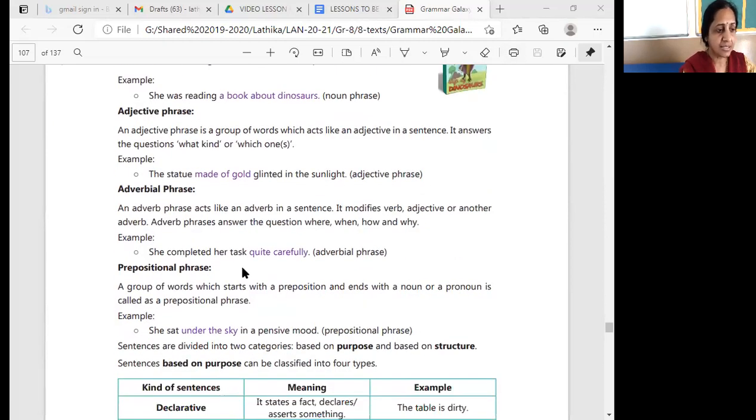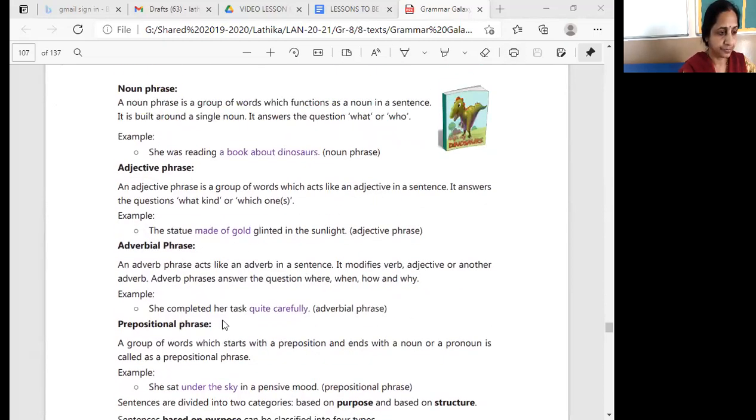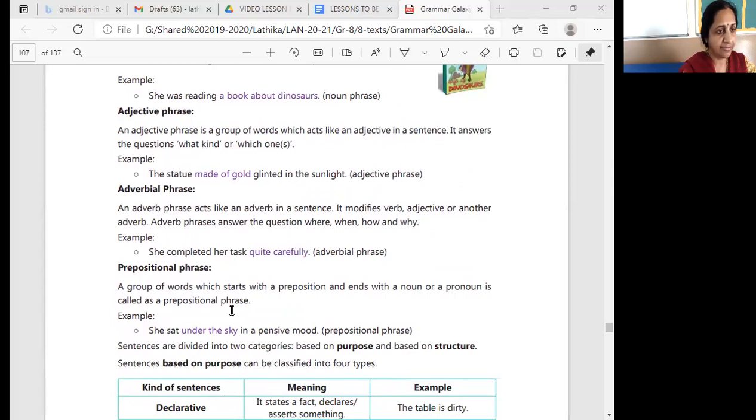The last type of phrase is the prepositional phrase. Just like its name tells you, it will act as a preposition. Here we have the example: she sat under the sky in a pensive mood. We learned in prepositions that it shows the position of the noun. Here she is the pronoun we are talking about.